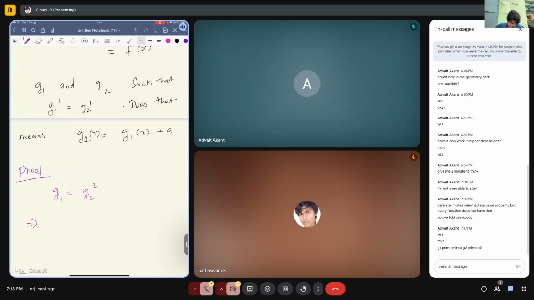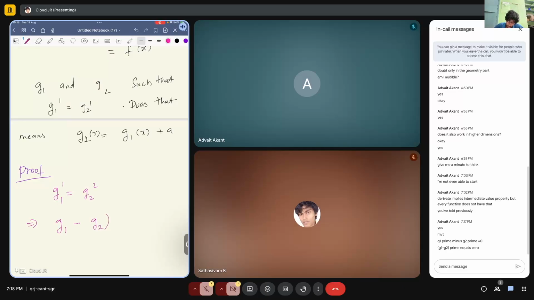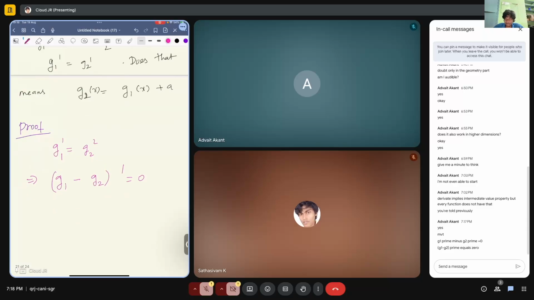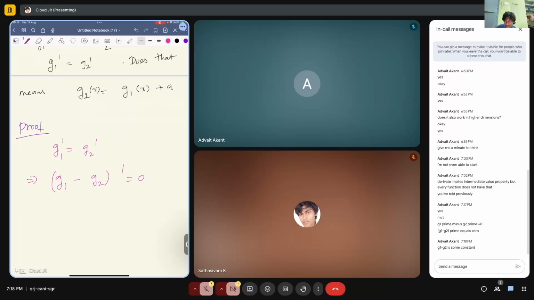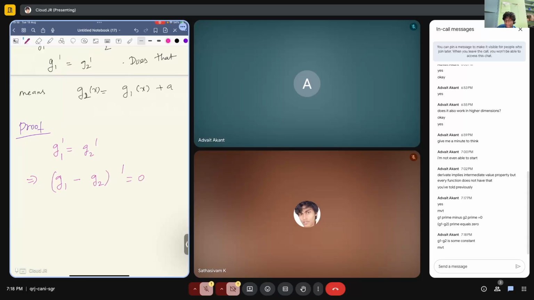So this implies g1 minus g2, the whole prime, is equal to 0. And from here, what do you do? How do you know? There you have to use the mean value theorem.